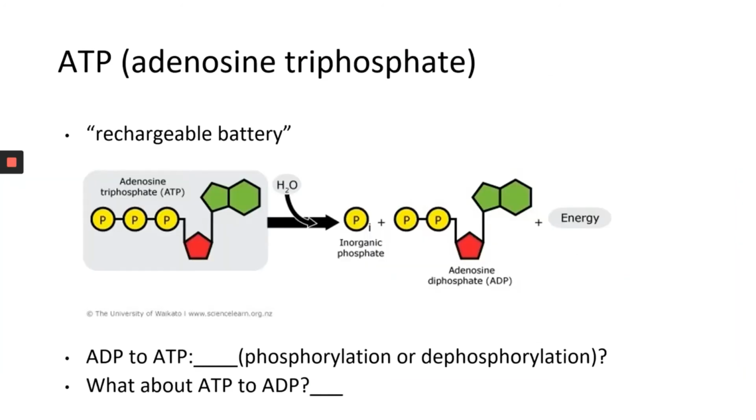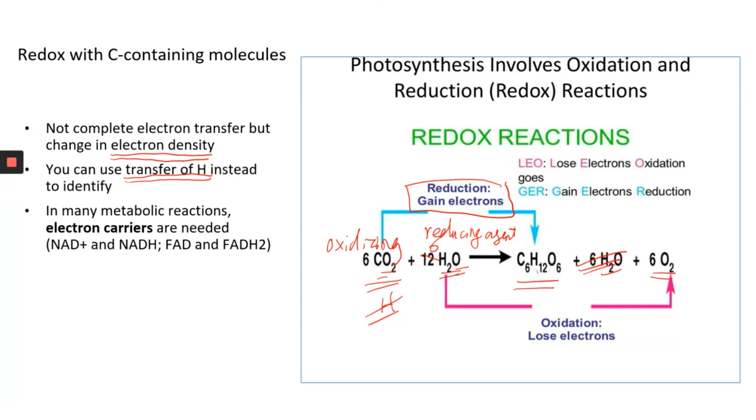Okay. Oh, there's one more thing I forgot to mention here. In many metabolic reactions, we need some molecules to carry the electrons, to pass the electrons through the pathway. Because you can see from this photosynthesis reaction, you have the change in electron density, right?